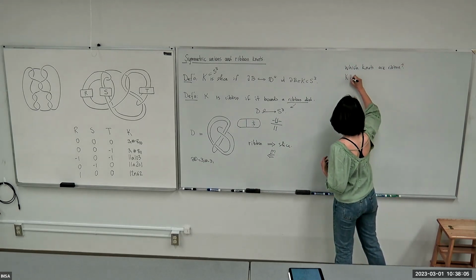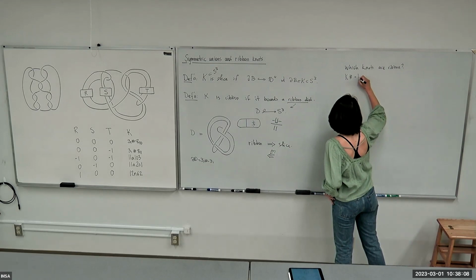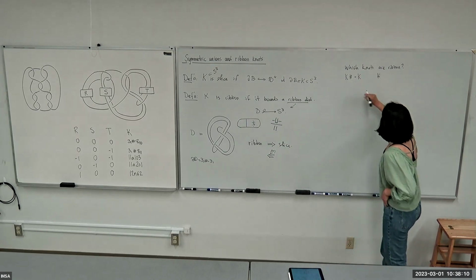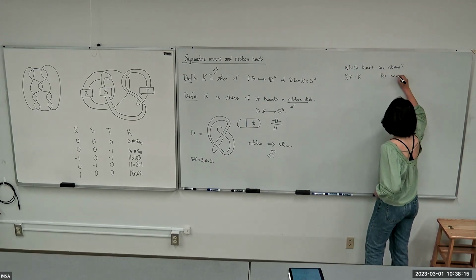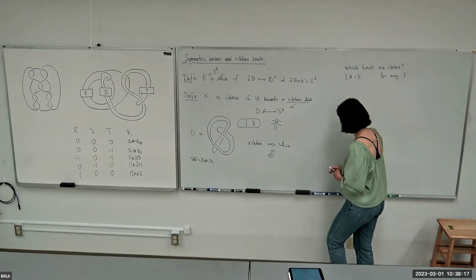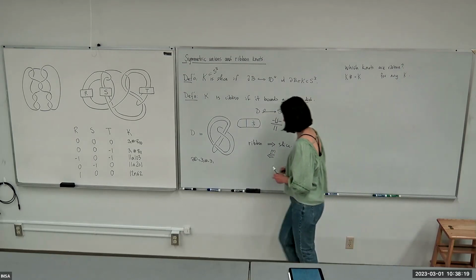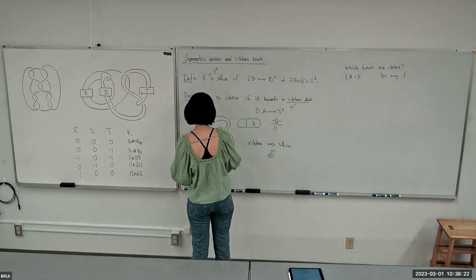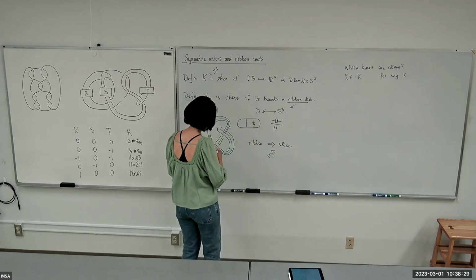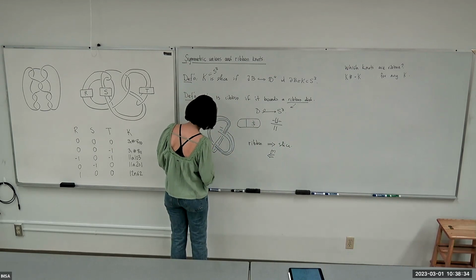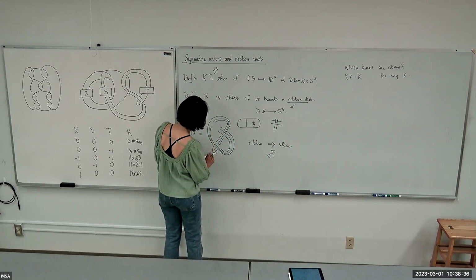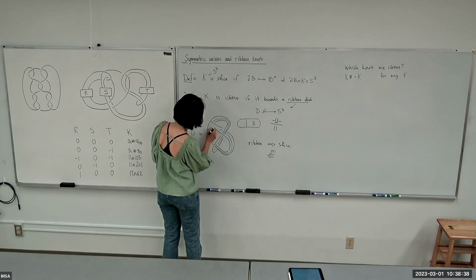Clearly, any square knot, or any non-prime knot K connected sum its mirror, for any K, is ribbon. Because we can look at the core arc here, and push it in a trivial way so that the ends are in the same region.